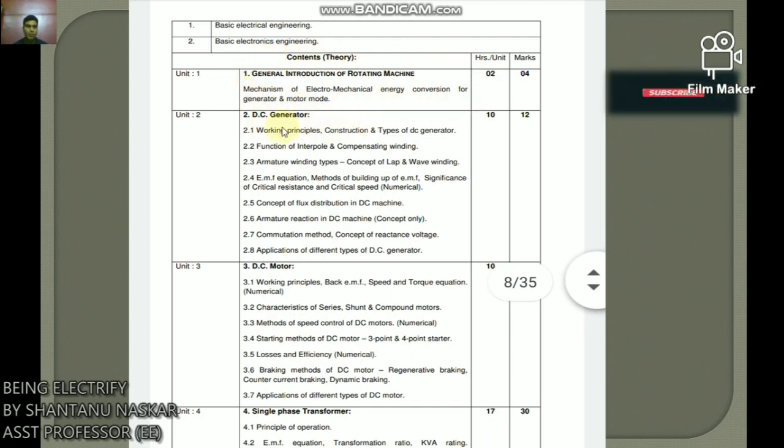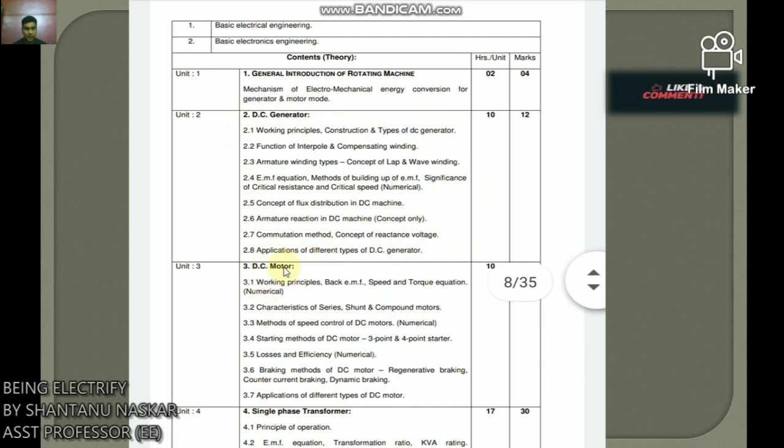Then DC generator: working principle, construction, types of DC generator, function of interpole, compensating winding, armature winding, lap and wave, EMF equation, method of voltage build-up, which is called OCC, critical resistance, critical speed, concept of flux distribution in DC machine, armature reaction in DC machine, commutation method, concept of reactance voltage, application of different types of DC generator. This all I have covered in my previous lecture about DC generator.